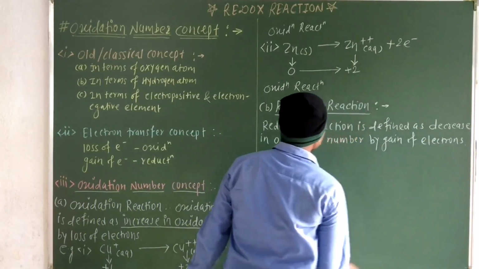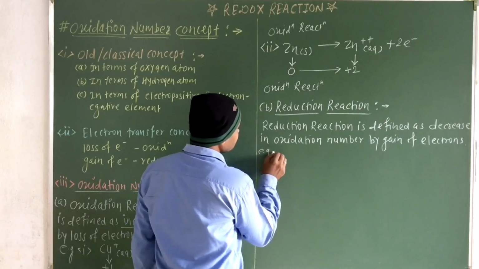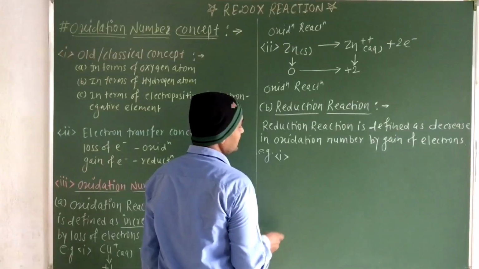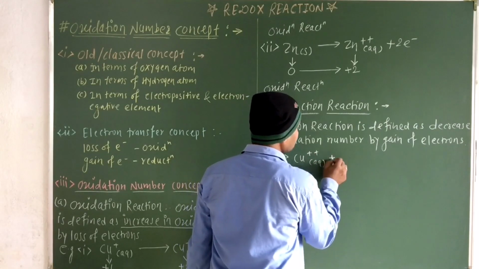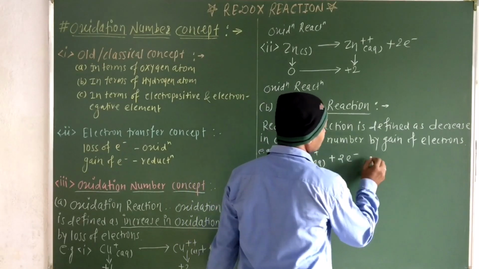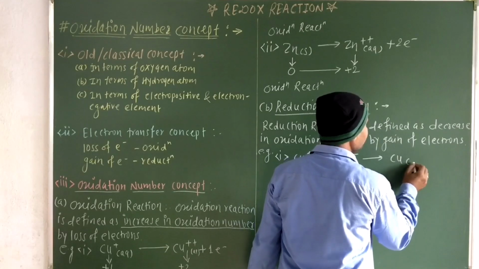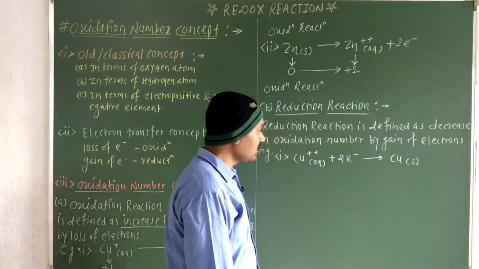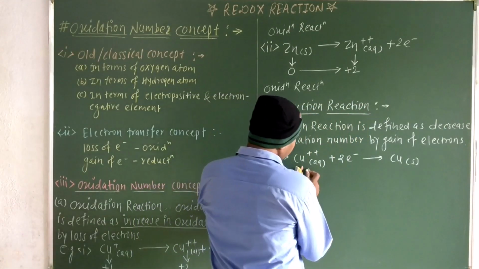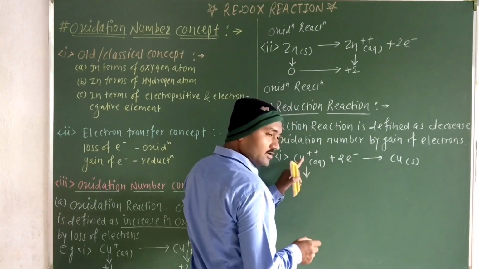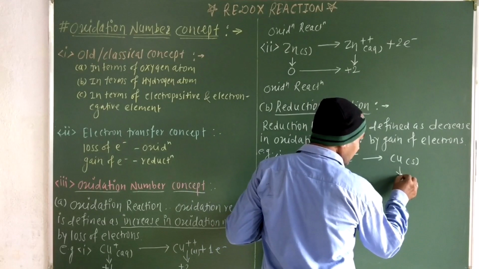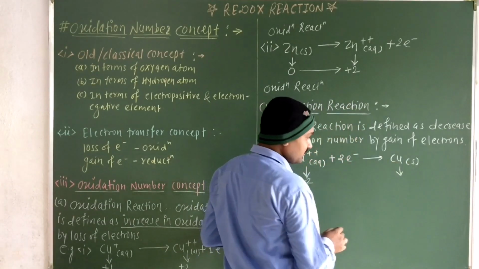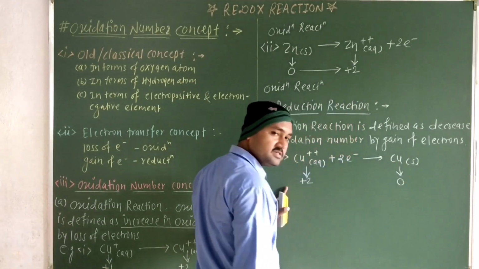That's it. Now for example, if I consider the example for this one, that is Cu2+ ion plus 2 electrons gives copper in solid state. As this is a monoatomic ion, its oxidation number will be +2, and copper in the free elemental state will have oxidation number 0.